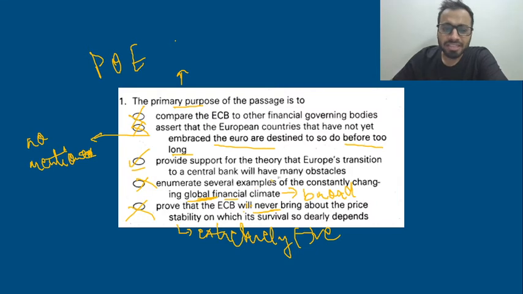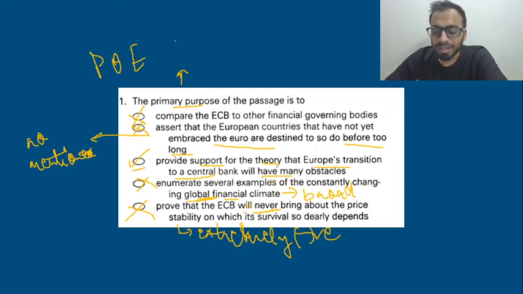So the purpose of the passage is to provide support for the theory that Europe's transition to a central bank will have many obstacles, but in the end there is a fighting chance for survival as well. So this is what the primary purpose is.